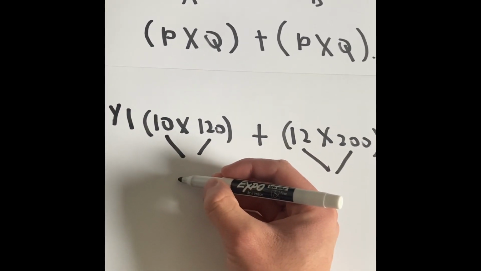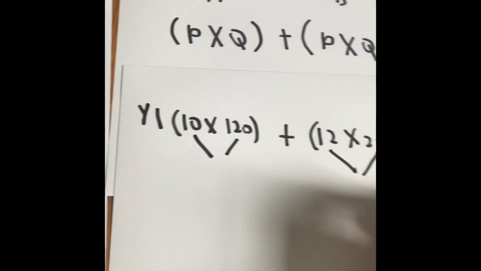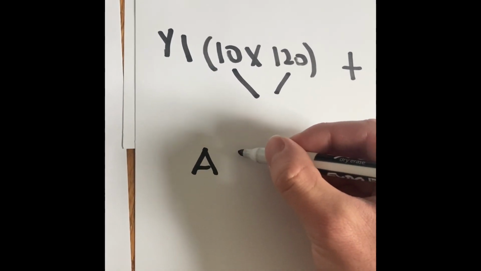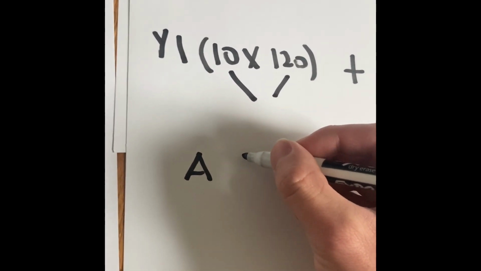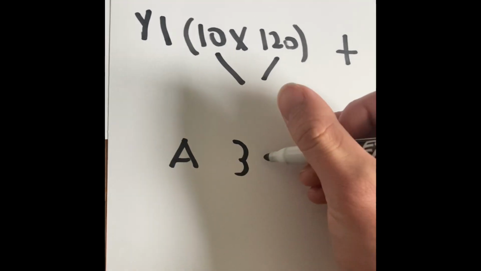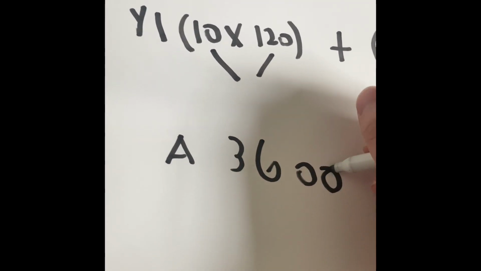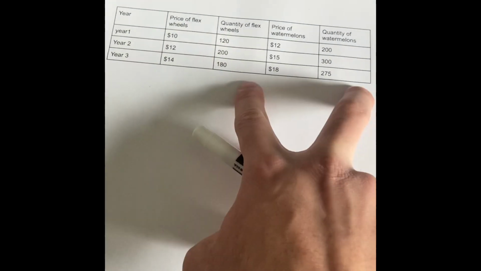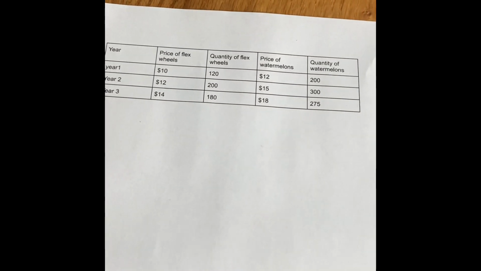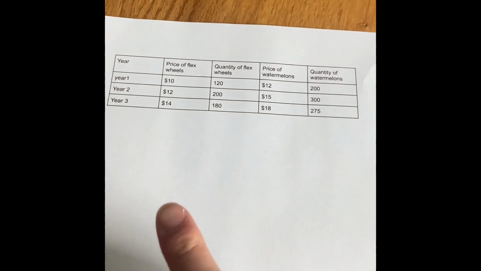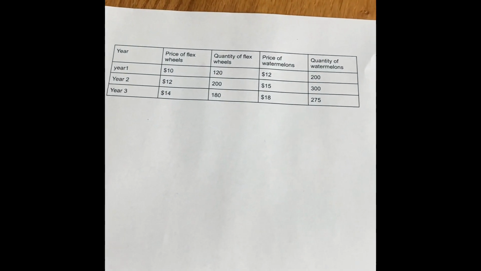So here and here together, we are going to get an answer for year number 1 as a nominal GDP of 360. That is the GDP, including the prices and the quantity. This is how much the nation has produced, and that is included with the production and the value of the goods.